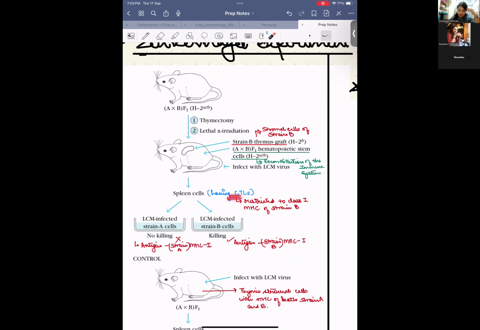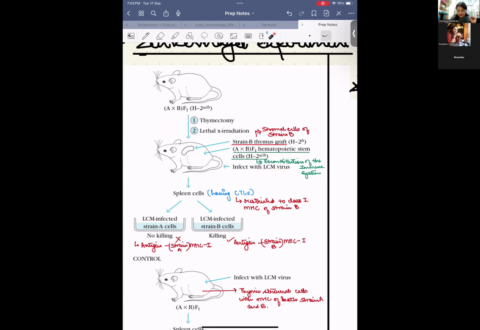These cytotoxic T lymphocytes were now incubated in a cell culture where we either have cells of strain A infected by this same virus, or the same virus infecting strain B cells.